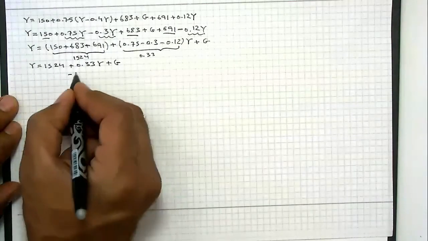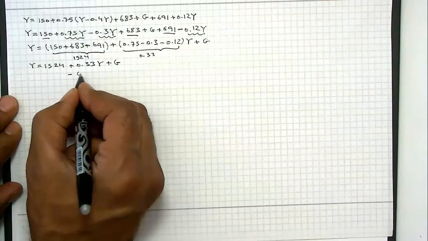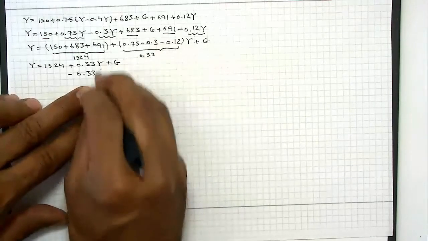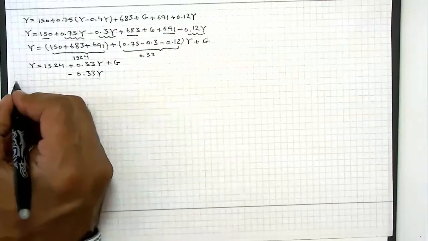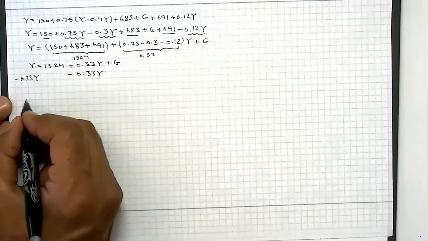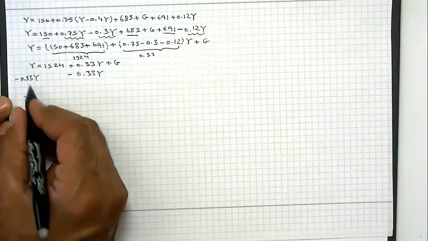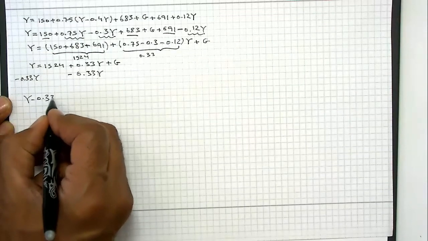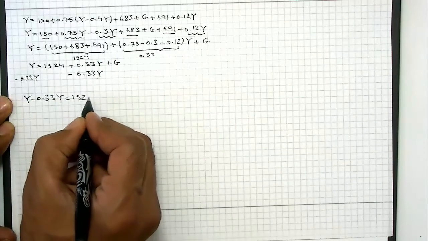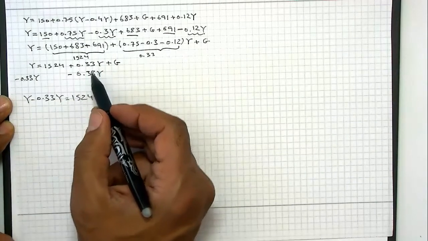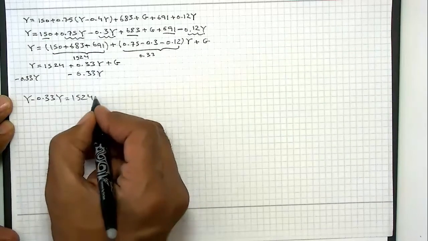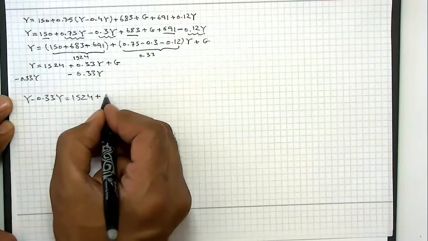If you subtract both sides with this, y and here 0.33y, you will have on the left-hand side y minus 0.33y equal to 1524, and plus 0.33y minus 0.33y is 0, so you don't need to write anything here. You just jump to the next term, which is G.